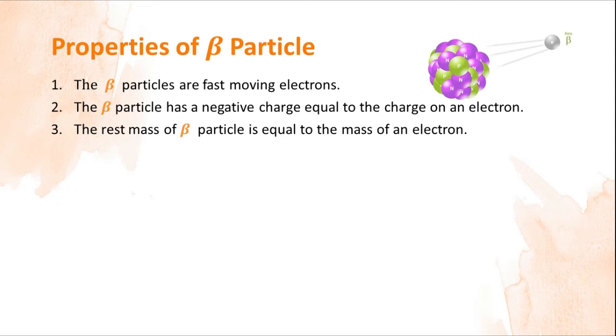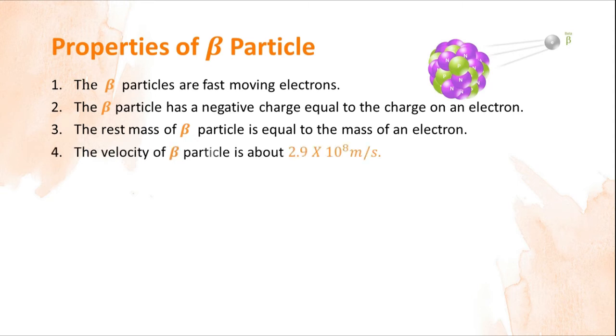In the previous case, the rest mass of alpha particle is 4 times the mass of the proton, but here the beta particle is just the mass of an electron. So the mass of the beta particle is 9.1 × 10^-31 kg.